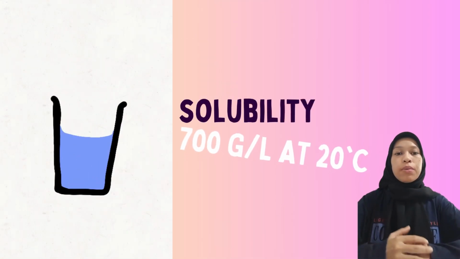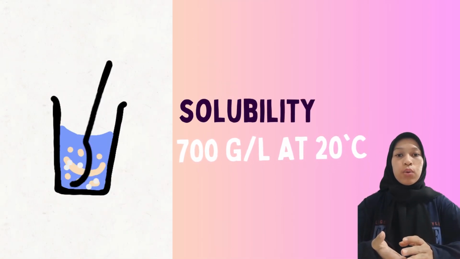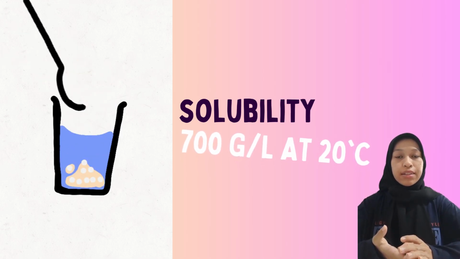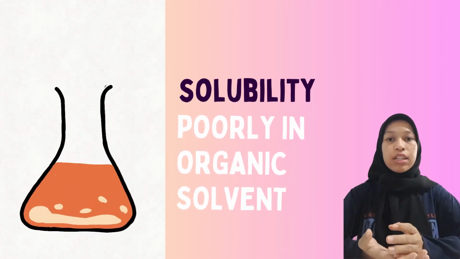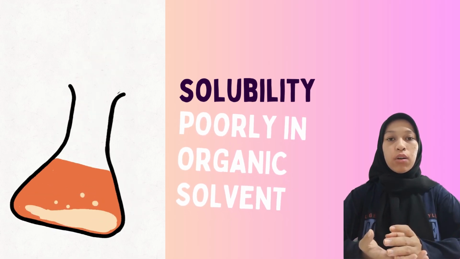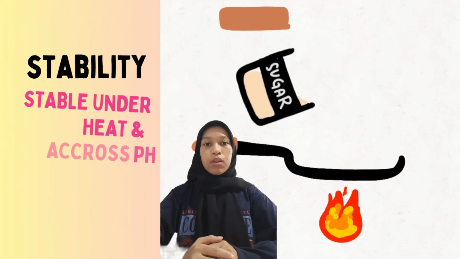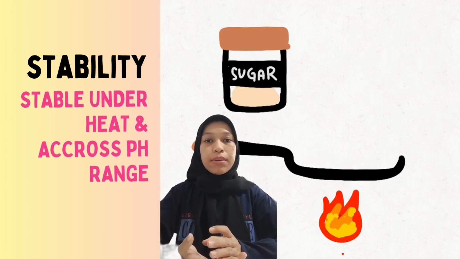In terms of solubility, lactitol dissolves readily in water with solubility of about 700 grams per liter at 20 degrees Celsius. Lactitol is poorly soluble in organic solvents such as ethanol. One of lactitol's key advantages is its stability.